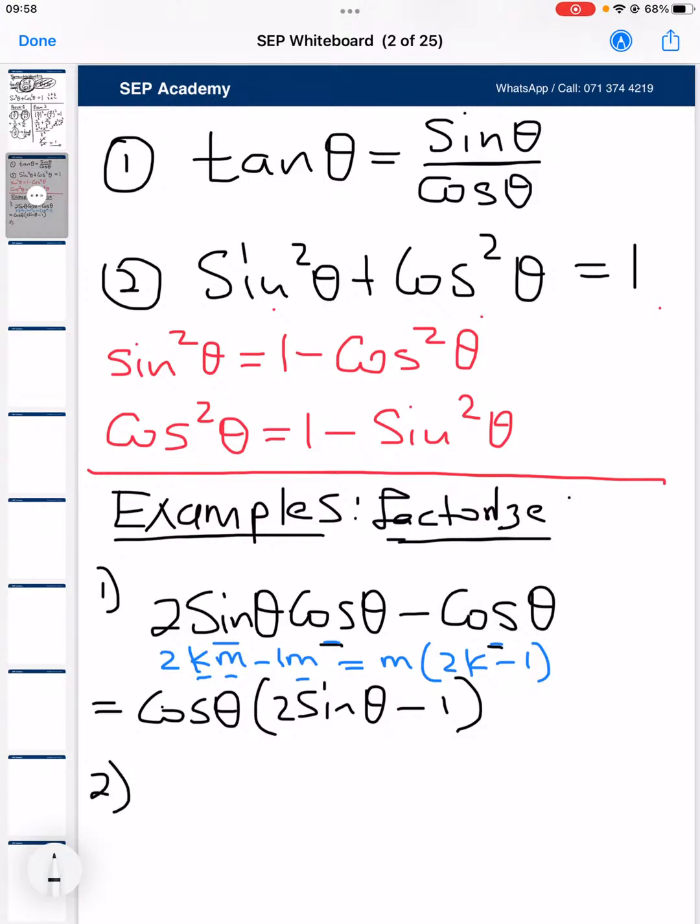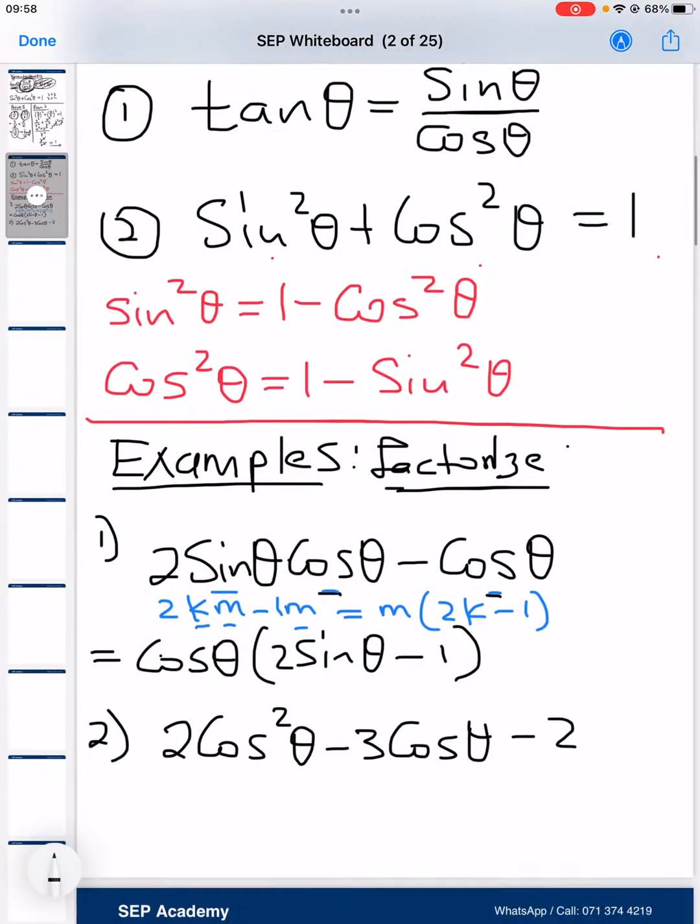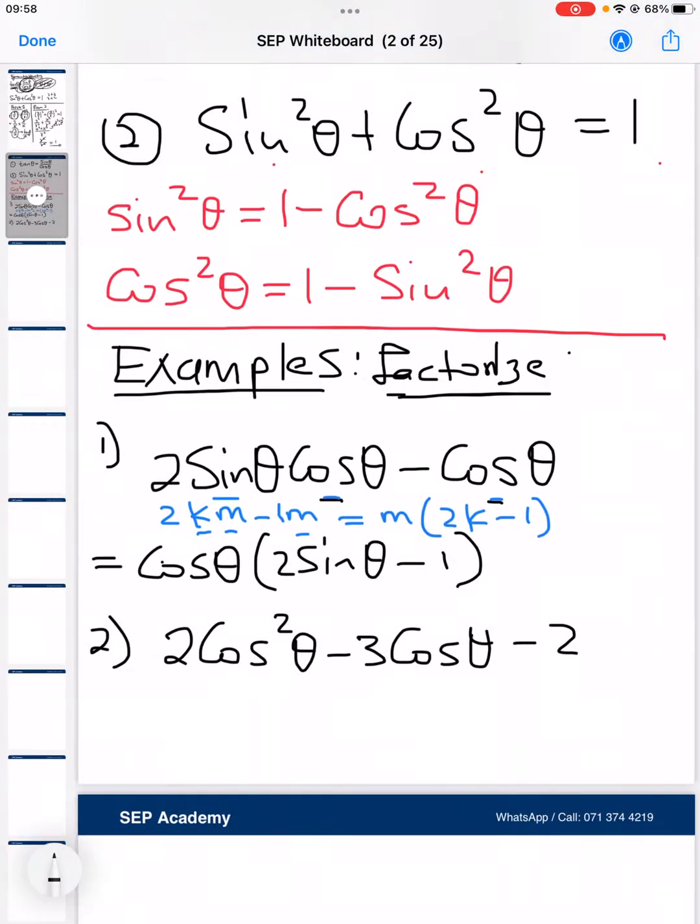Example number 2, maybe let's say you have 2 cos squared of an angle where we minus 3, let's say cos of an angle, maybe let's minus 2. Yes, let's do it that way, where we minus 2. Okay, then it's fine.